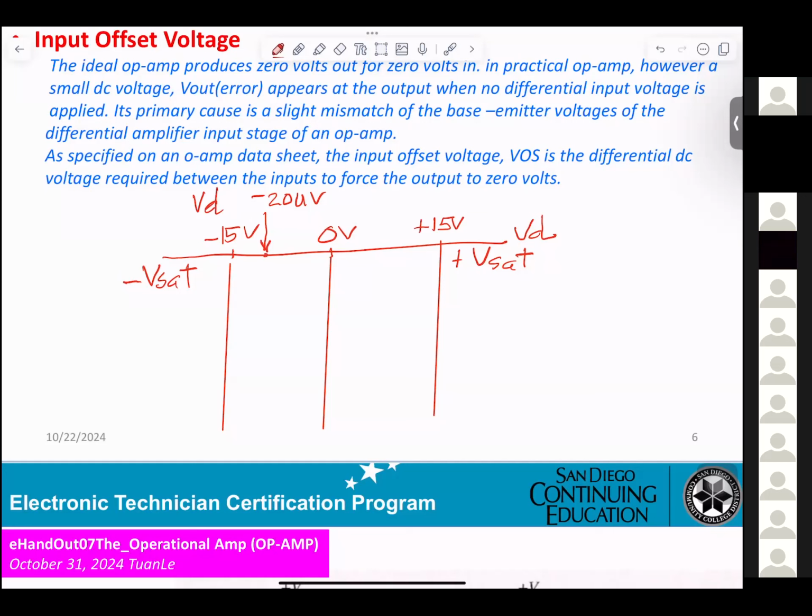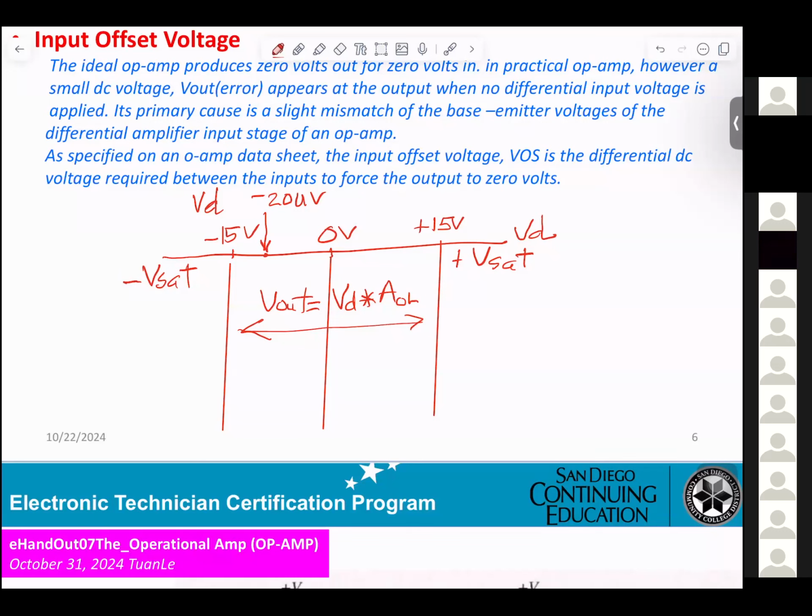So from minus 15 volt to plus 15 volt, you want to calculate the Vout, sorry. Vout equals VD times gain.